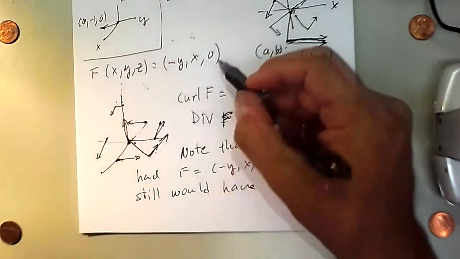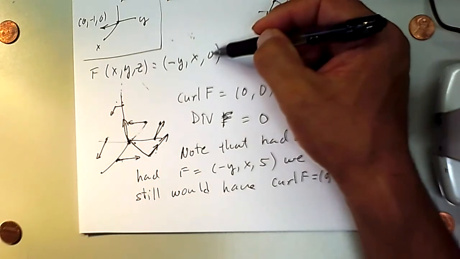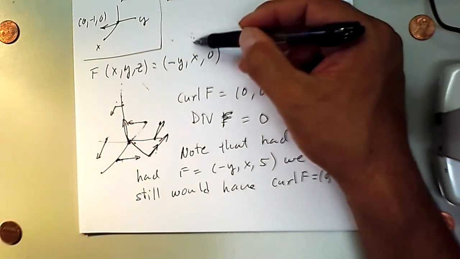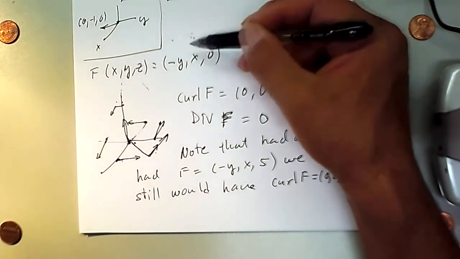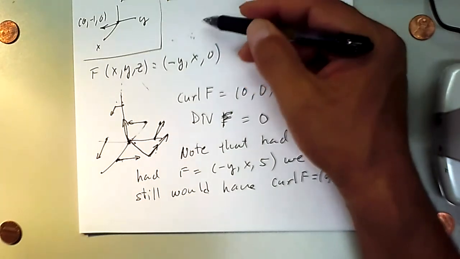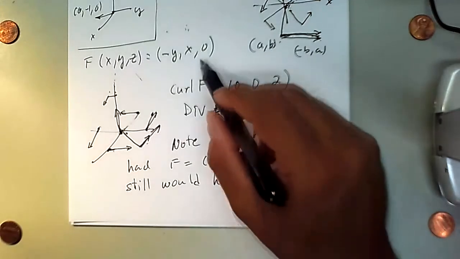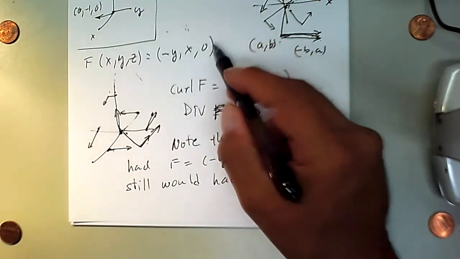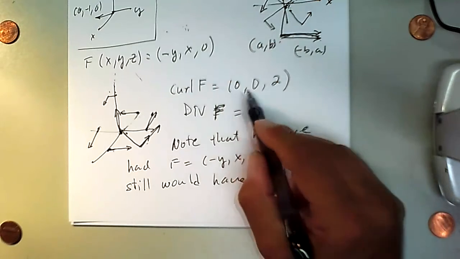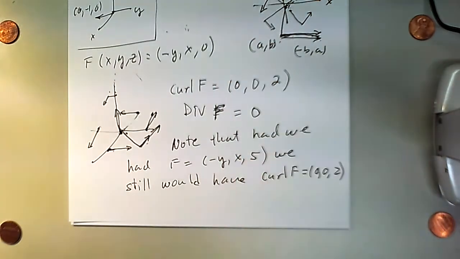Is that so? Let's see. If this was a 5, the derivative of 5 is 0. It's the same as the derivative of 0 is 0, regardless of what variable we are using. So sure enough, whether this was a 5, a 7, a 3, or a 2, whatever, or a negative 1, as long as we have a constant, we would end up with the same curl, which is very interesting.